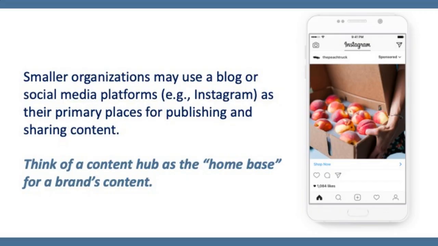However, not all organizations can afford a separate website for their content. So when we say content hub, do not always assume that every organization has a large, dedicated content platform like Lululemon. The form of content hub often depends on the size, the resources, and communication needs of the organization.